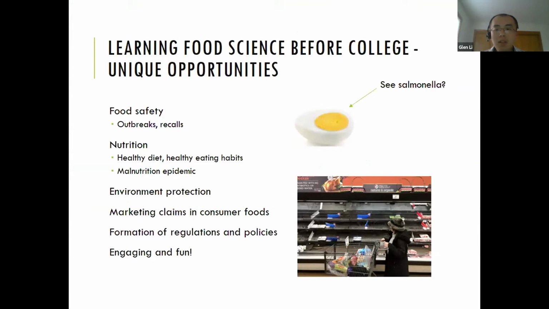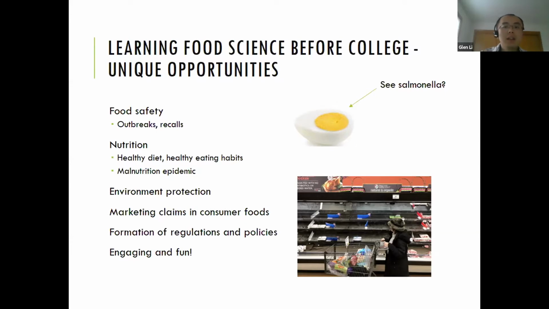I showed the slides last week, so I'll probably be brief over here, but essentially food science is a good handle or a good latching point to convey a lot of science concepts.